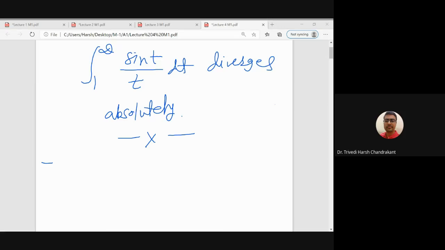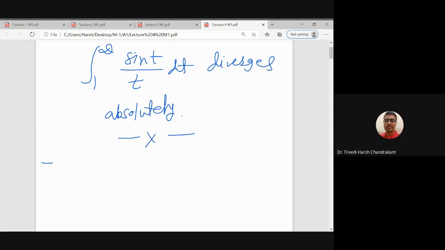So the integral of the modulus diverges. That we will write as the integral diverges absolutely. Okay, so this example is over.